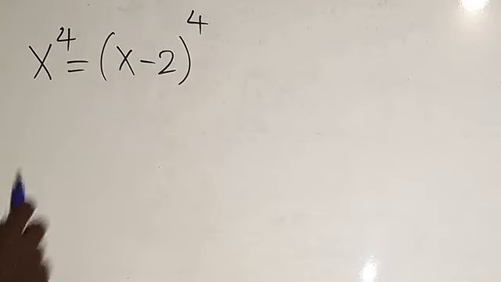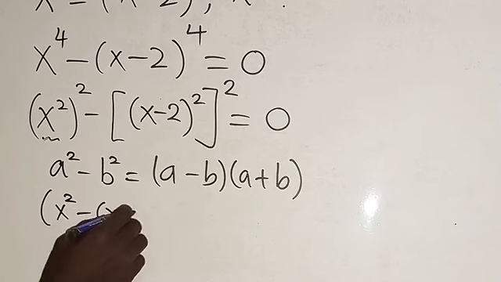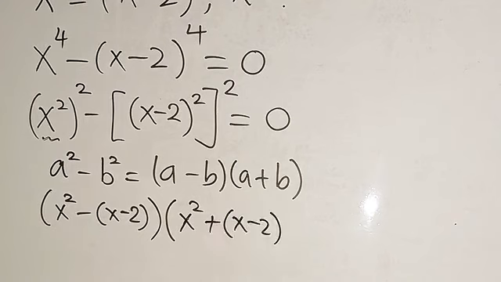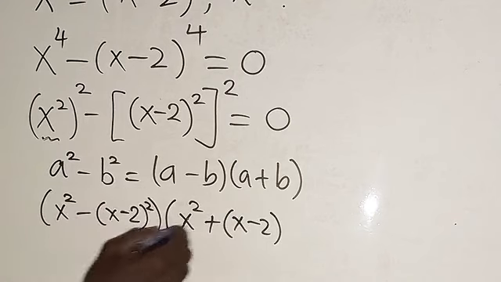So we're going to have (x squared minus (x minus 2)), then into bracket again, (x squared plus (x minus 2)). Don't forget the square like this. Then we have this equals 0.